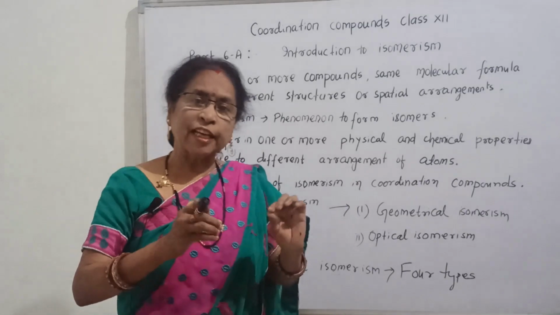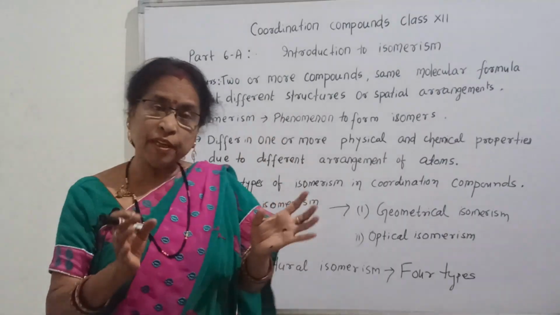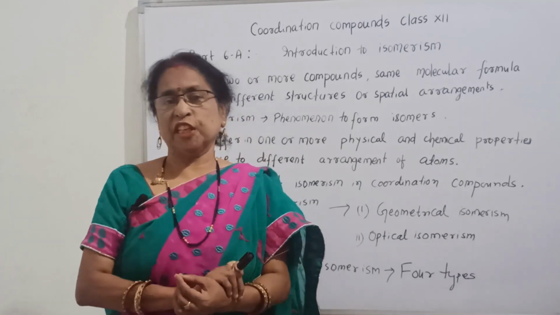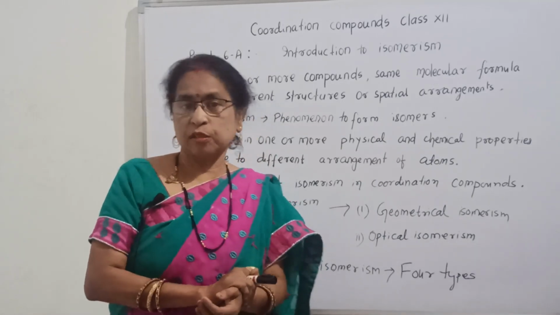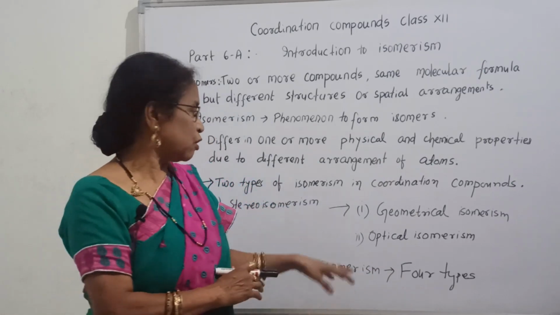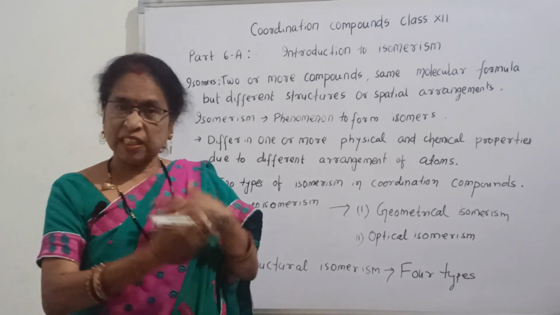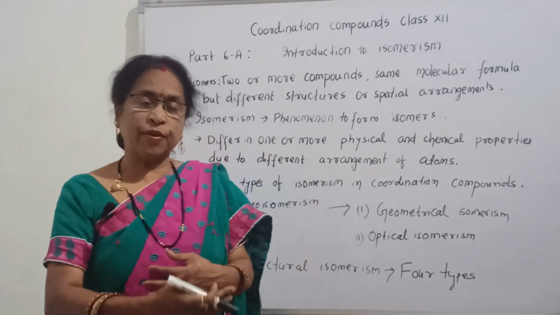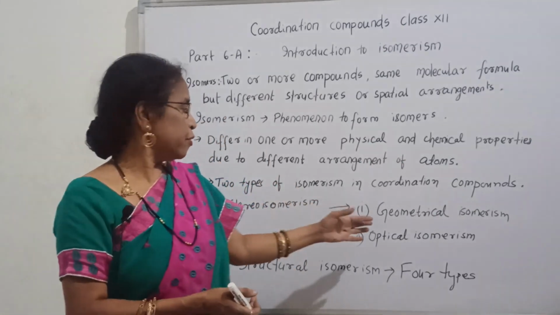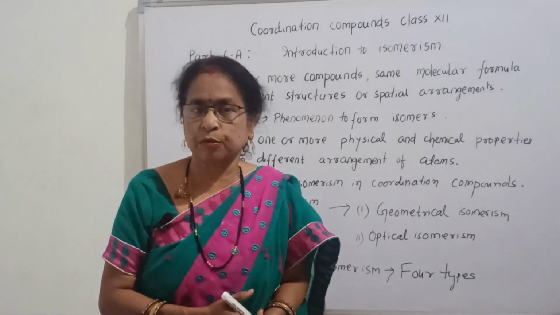Stereo means the arrangement in space is different, and structural means the arrangement in structure is different. In stereoisomers, there are two possibilities: one is geometrical isomerism and the second is optical isomerism. What is geometrical isomerism and what is optical isomerism? I will explain them individually.